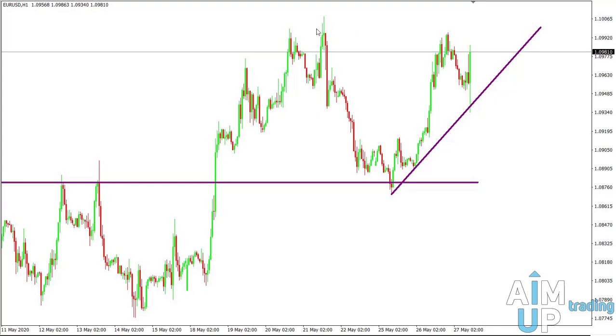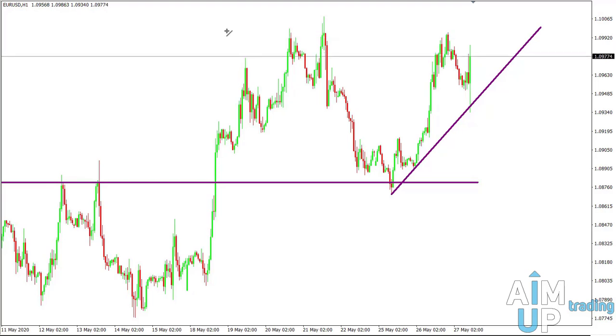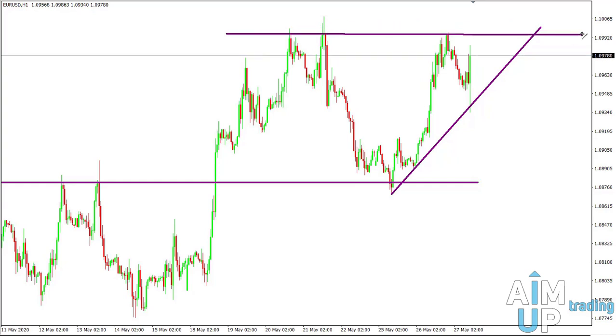So I'm going to draw another trend line for you so you can visualize it. Let me draw this one and fix it. Okay, this one looks good, and as you can see, we're touching this high right here, and the recent high over there as well.